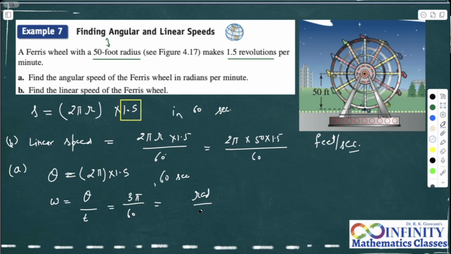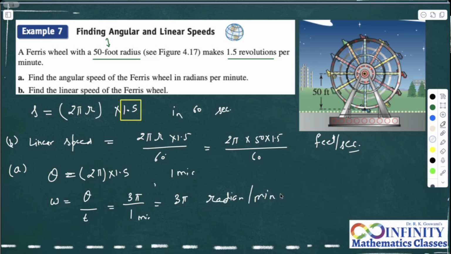Radian per second would be my answer. Oh, they have asked you to give the answer in radian per minute. So in this case, I will be writing 1 minute only. That is my mistake actually. So it is going to be simply 3 pi radians per minute.